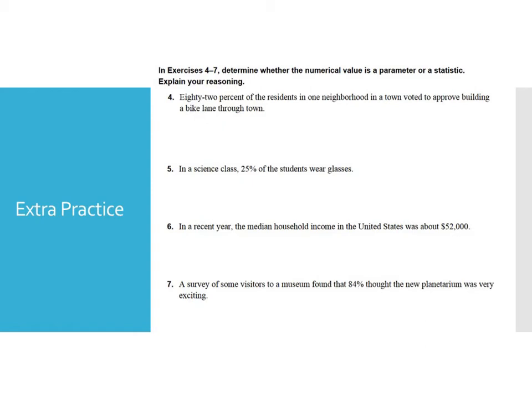It represents a sample of that population. So we are looking at a statistic, because that one neighborhood is a subset of the whole population and not the whole population.